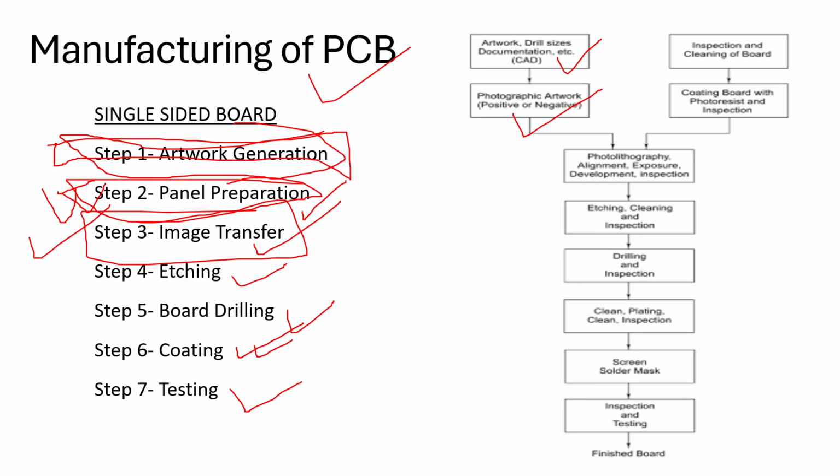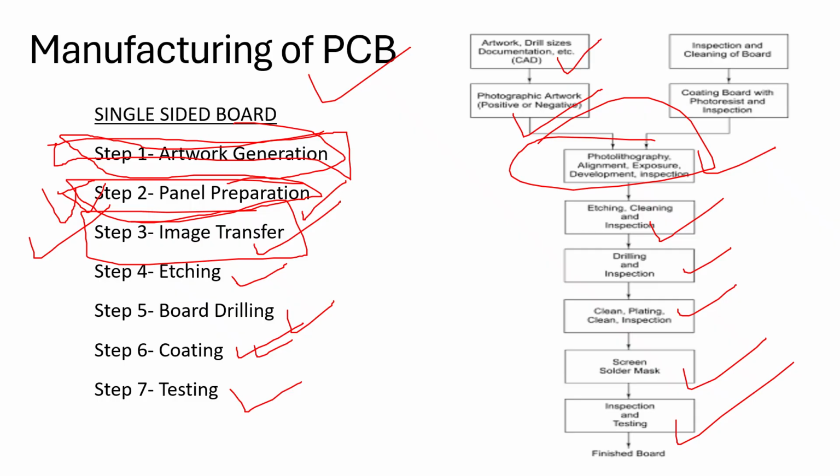For photographic artwork positive, we will use photolithography in order to expose, and then we will transfer the image, and cleaning, inspection, then drilling, then plating, inspection, then the screen solder mask, inspection, and testing.